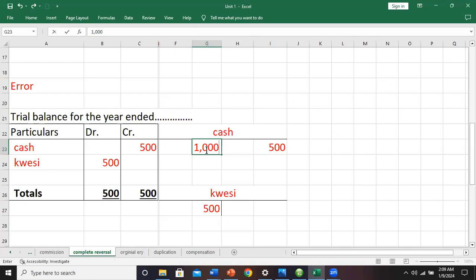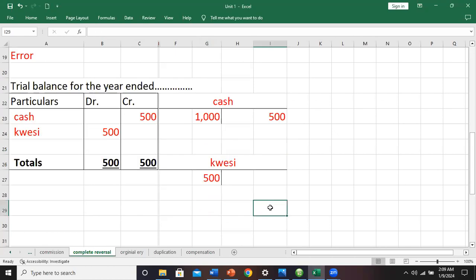If we were correcting in Kwesi's account, we'll first put 500 here to erase the debit, and then we'll put the 500 there so that we credit Kwesi 500. By so doing, you have credited Kwesi's account with 1,000. That's why we say you end up doubling the figure to pass the entries to correct the errors. I hope this one is a bit clearer now.